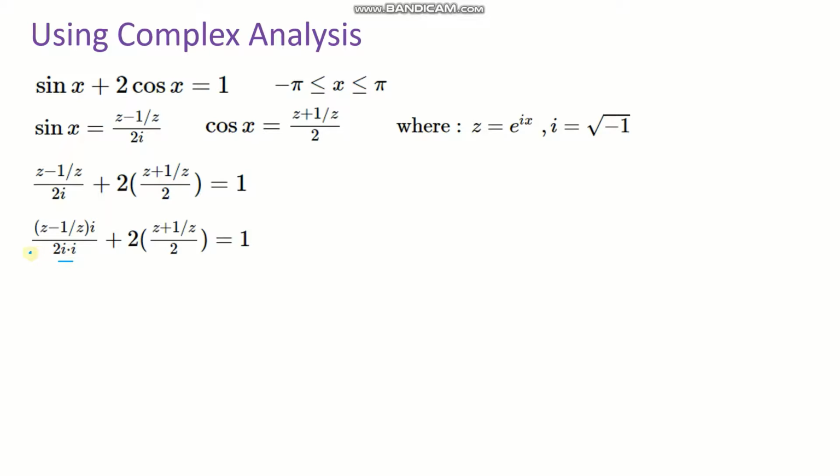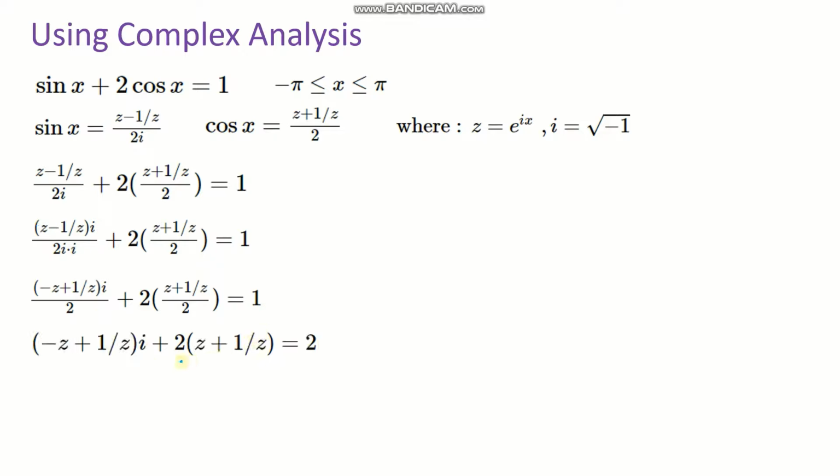So the denominator becomes negative 2, and we distribute that negative on the numerator part, becoming negative (z plus 1/z) times i over 2, plus 2 times (z plus 1/z) over 2 equals 1. Multiply both sides by 2, we have (2 minus i) times z plus (2 plus i) times 1/z equals 2.